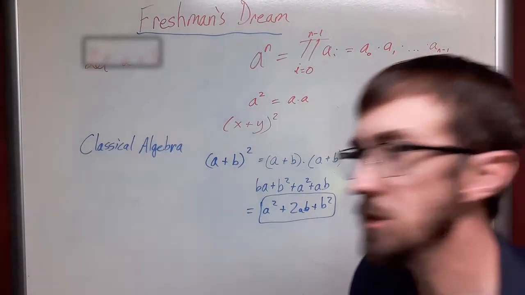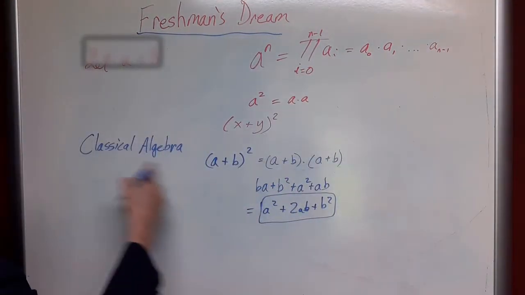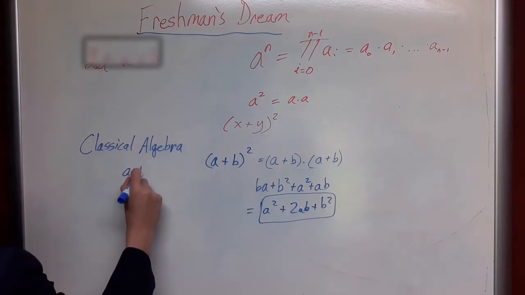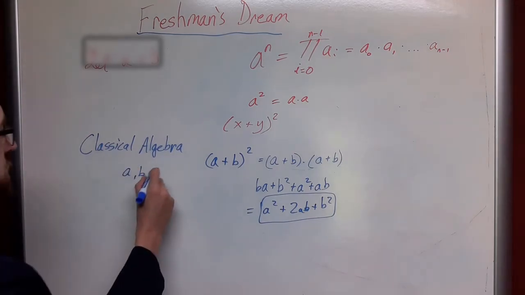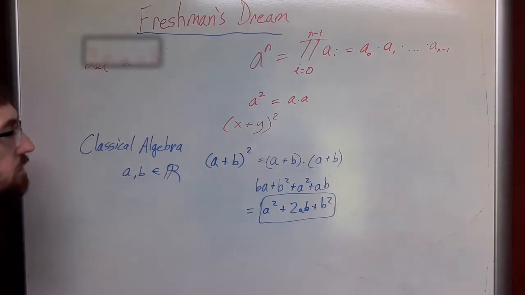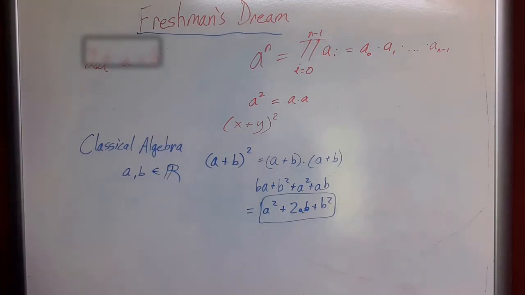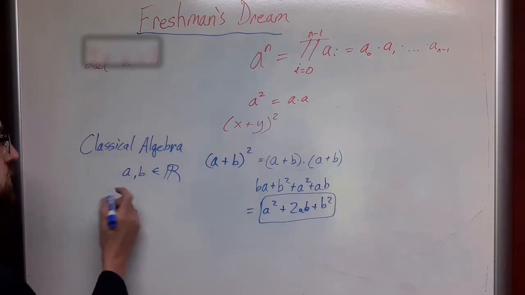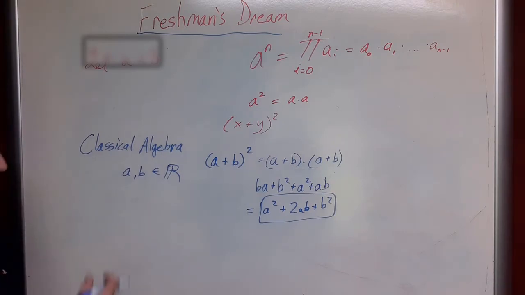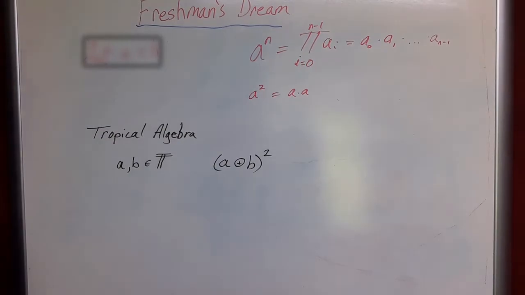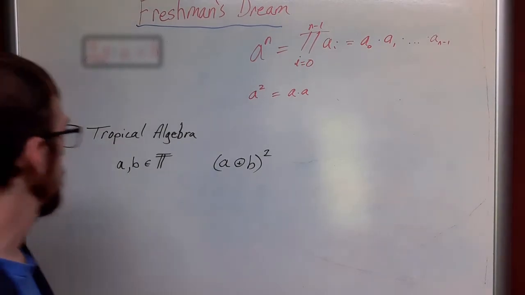For clarification, I want to establish that in classical algebra, our a and b terms are elements of the real number field. This is what we're used to in middle school, high school mathematics. All right, we're going to look at tropical algebra now.